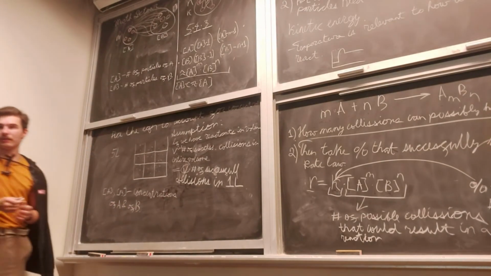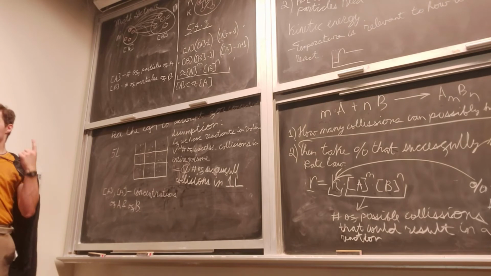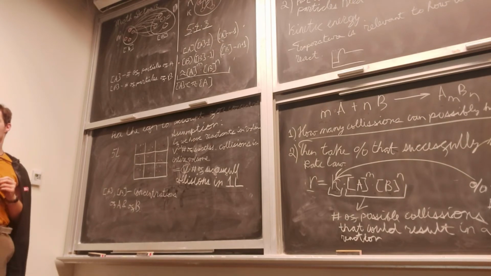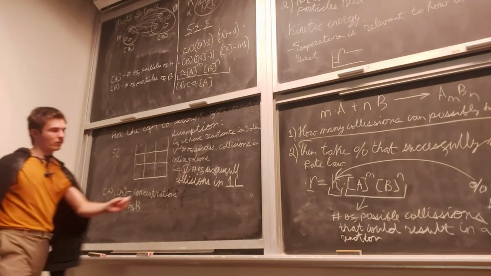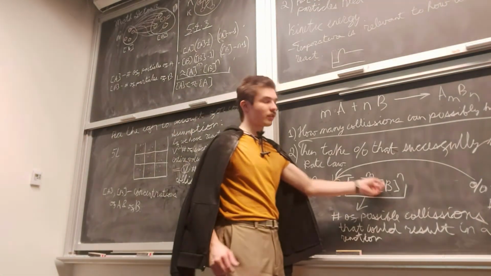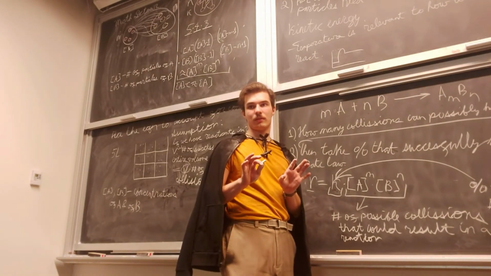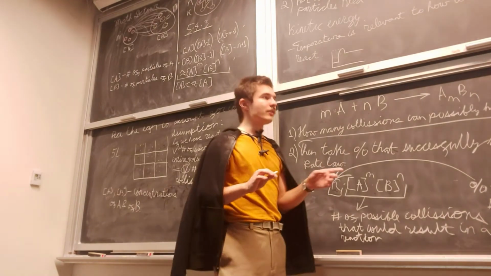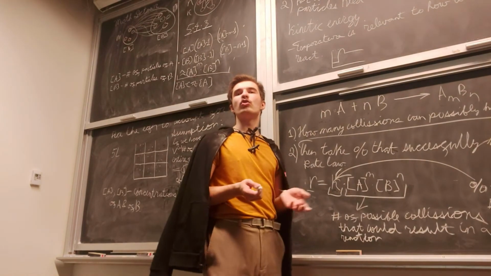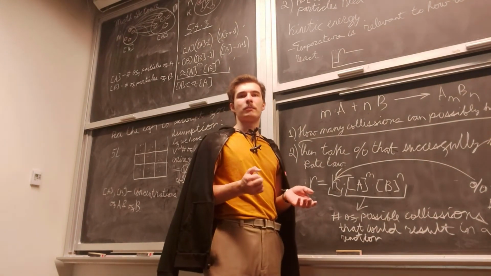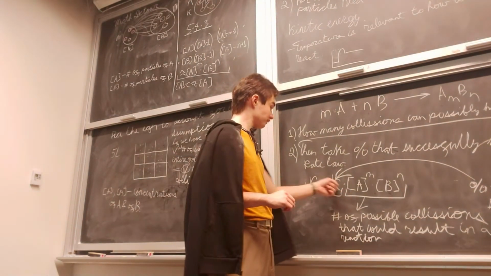In the entire thing, right? Because that's going to tell us how much of A I have in 1 liter and how much of B I have in 1 liter. Does that make sense? So now A and B are the concentrations. K still stays the same because it's a percentage, and percentages don't matter.